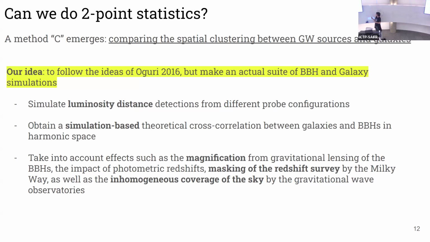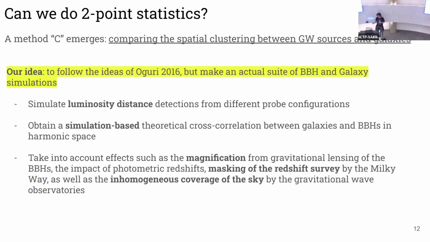So the idea is that as we can do as many simulations as we want, we can obtain a simulation-based theoretical cross correlation. And as he did, we are also including magnification effects on the binary black holes' luminosity distances.